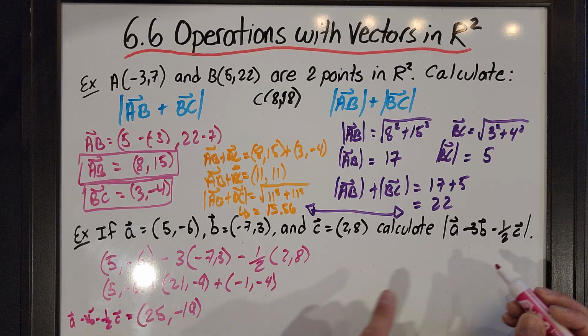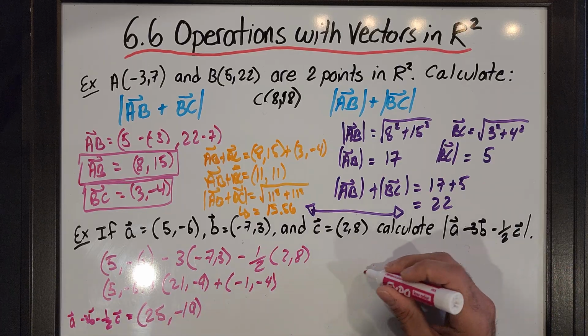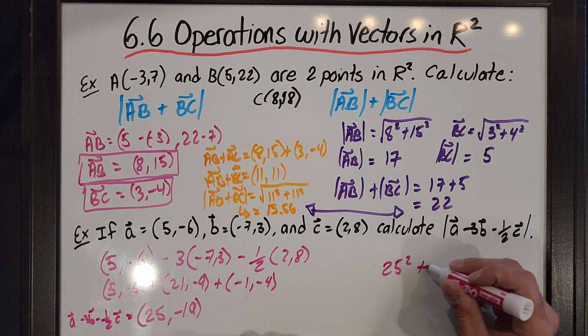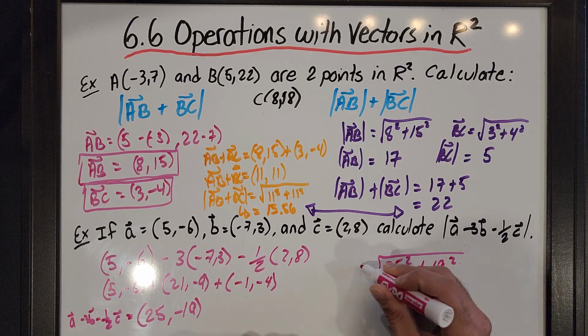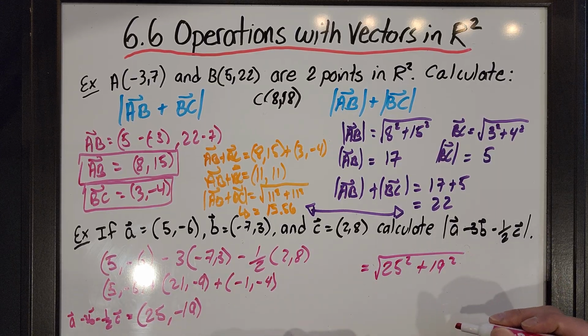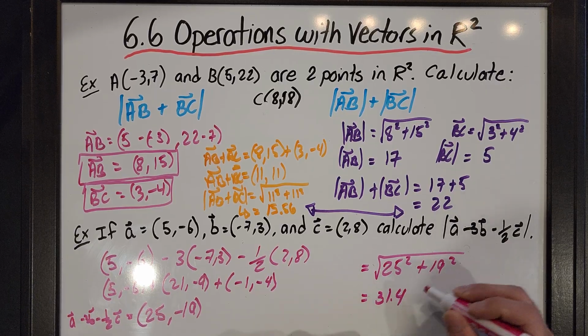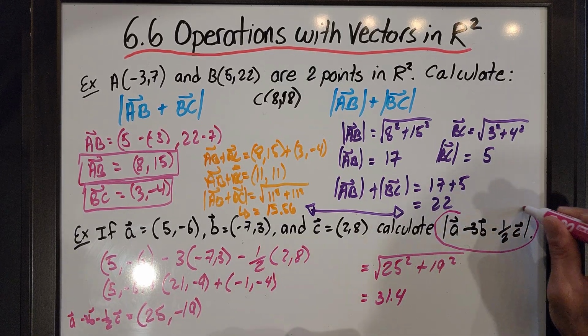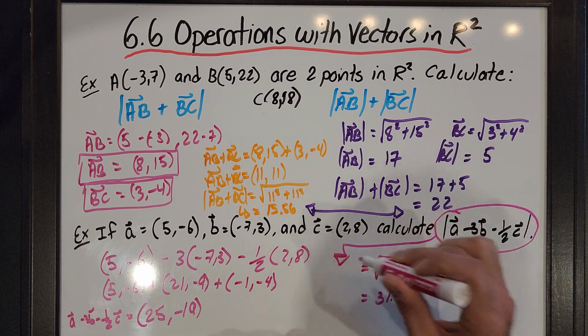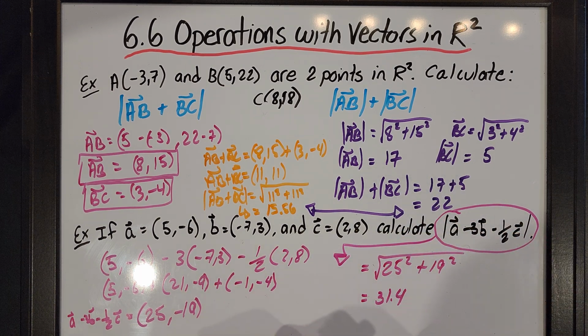That's what that equals. To find the magnitude, I now have to just do 25 squared plus 19 squared and square root that. That's it. And this comes out to 31.4. And this is going to be the magnitude of this with the absolute value.